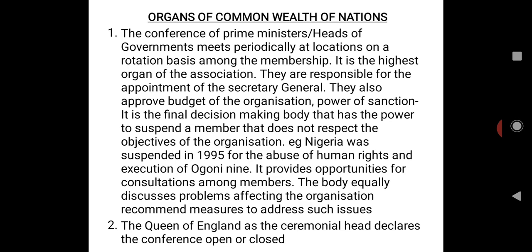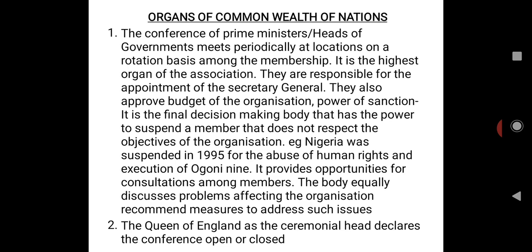Now, let's look at the organs of Commonwealth of Nations. We have three basic organs. Number one is the Conference of Prime Ministers and Heads of Governments.